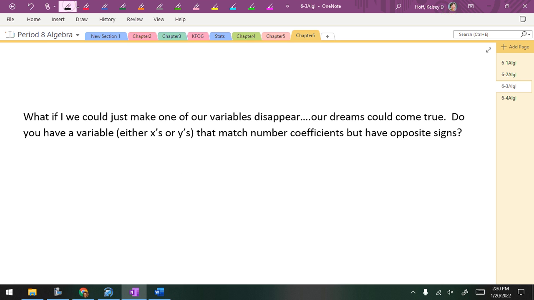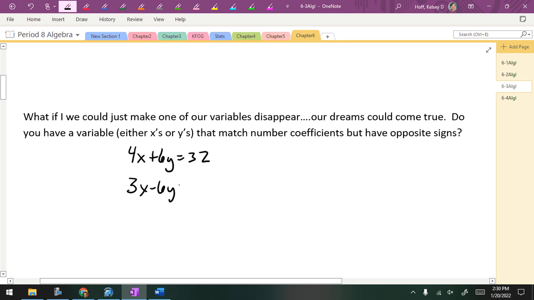So stack it. Write it like a vertical addition problem. 4x plus 6y equals 32. And then, is it 3x minus 6y equals 3, correct?